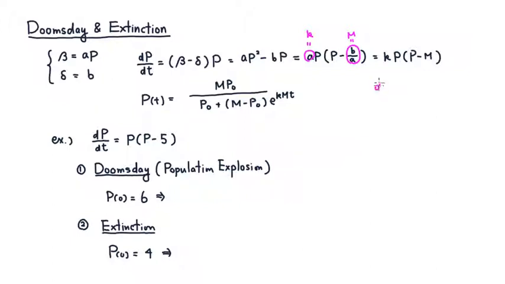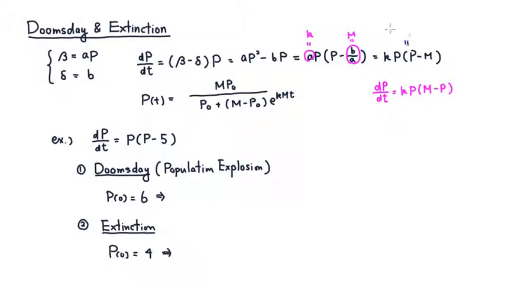dP over dt is equal to K times P. Then here's the difference. It's just a negative of what we have here. So M minus P instead of P minus M. So this is actually a negative version of the logistic equation. The only difference is, if you rewrite it, I'm going to pull out the negative sign.